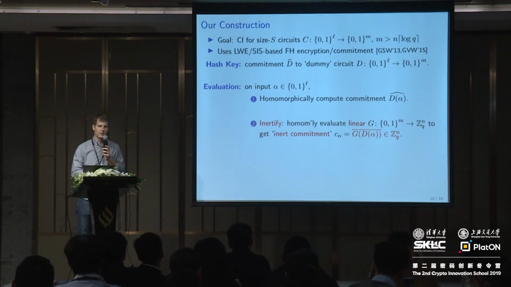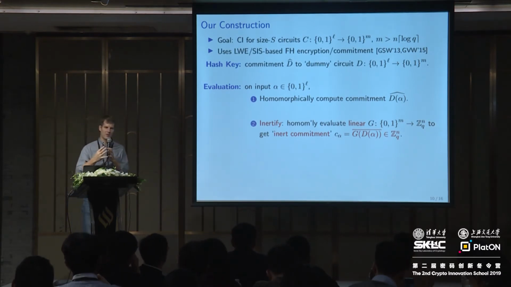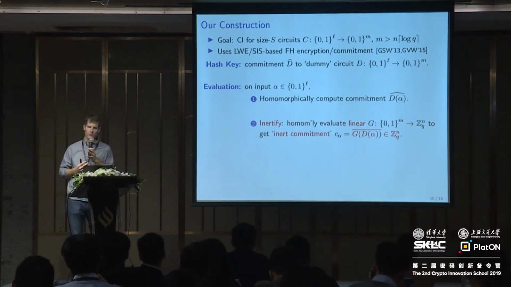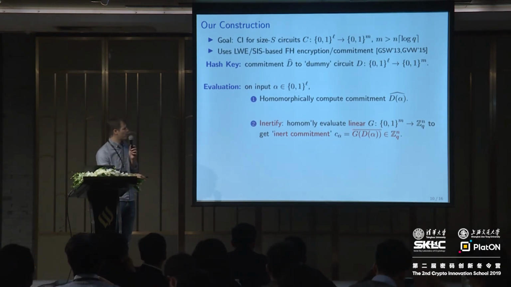It's not going to be a fully homomorphic commitment anymore. It is going to be what we call an inert commitment. Inert means that it doesn't react with anything. So you can't do any further homomorphic operations on this commitment. We're going to squeeze this commitment down to something which no longer supports homomorphism. But it will have another nice property that we will use. So we end up with a commitment to G of D of alpha, but it's inert, so it has this flat line above it.